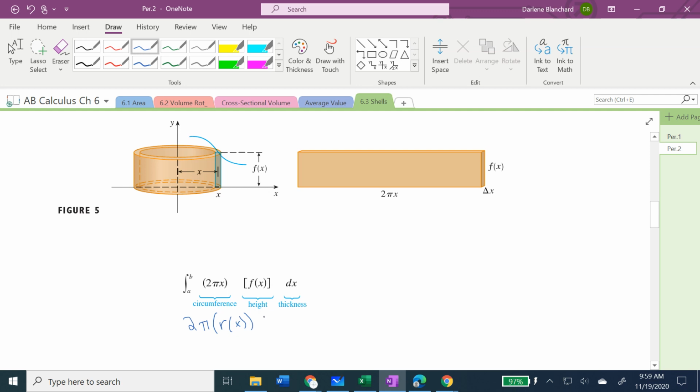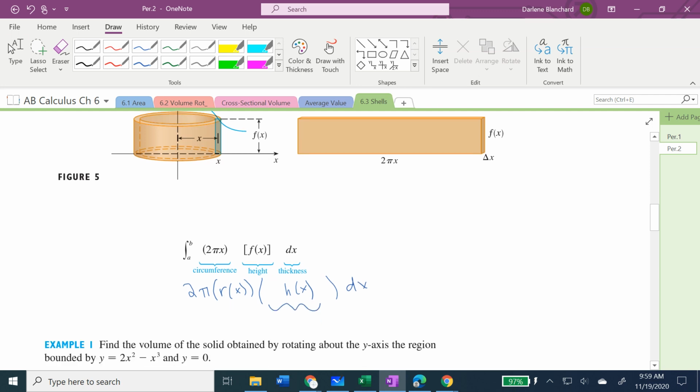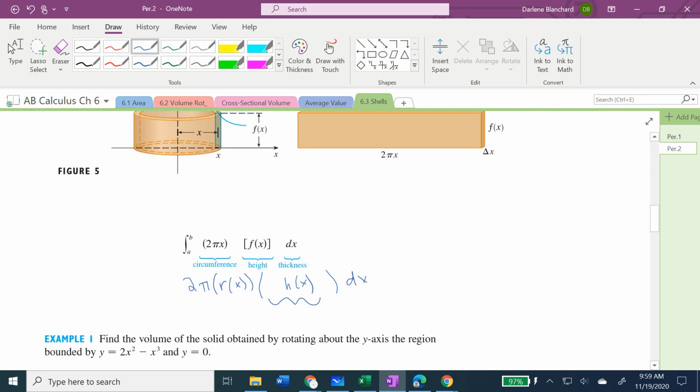And with the height functions, it's not necessarily f of x. When you're looking at the height, I'm going to start off by saying h of x for height with respect to x, where it is often a top function minus a bottom function. So f of x minus g of x, this particular situation has g of x being equal to 0.